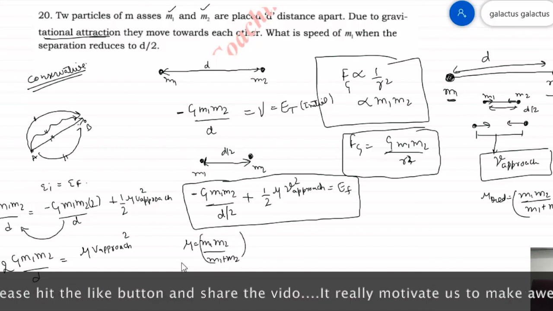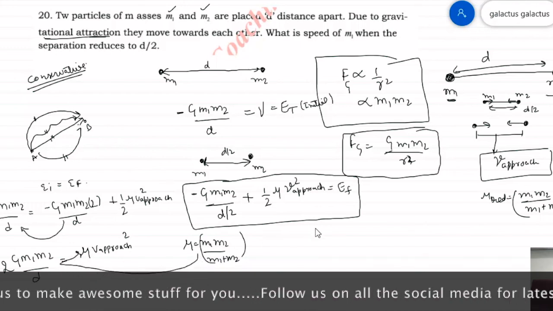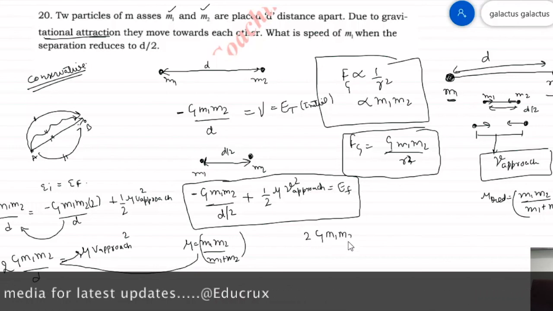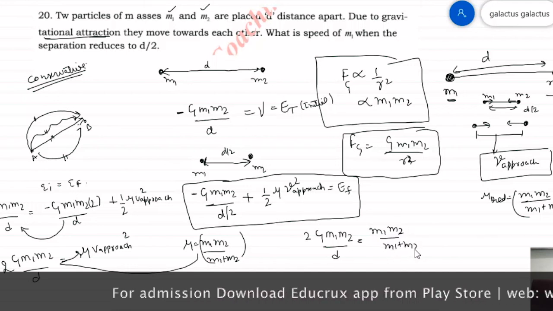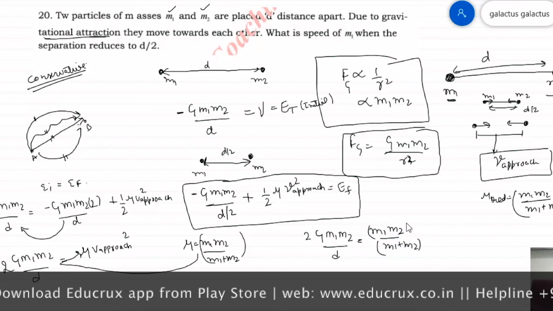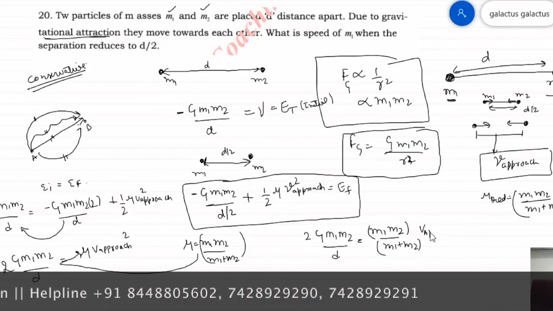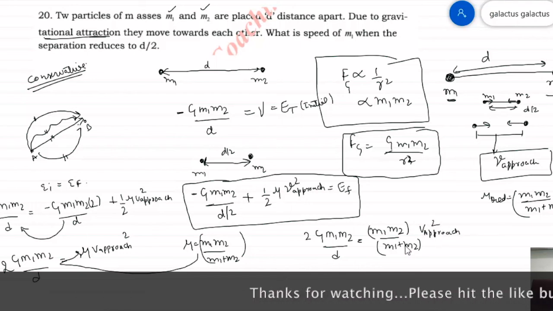By substituting the value of this expression over here, I will get 2 G m1 m2 upon d is equal to m1 into m2 upon m1 plus m2 into v approach square.